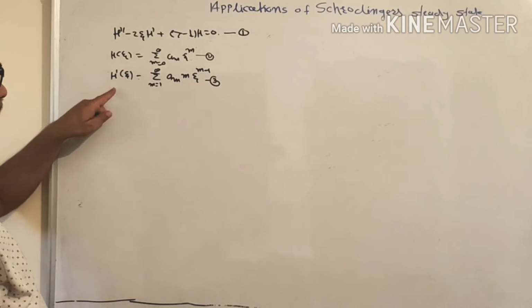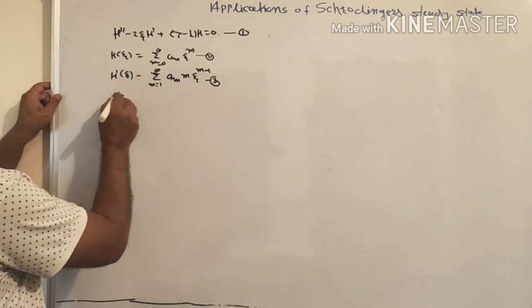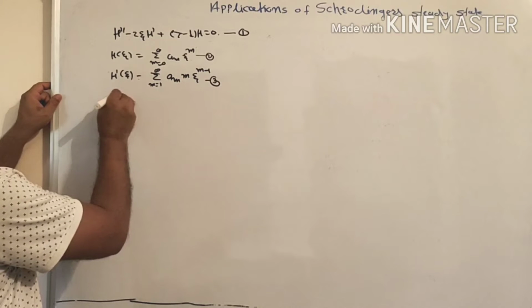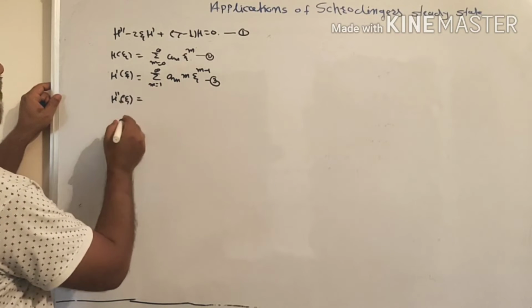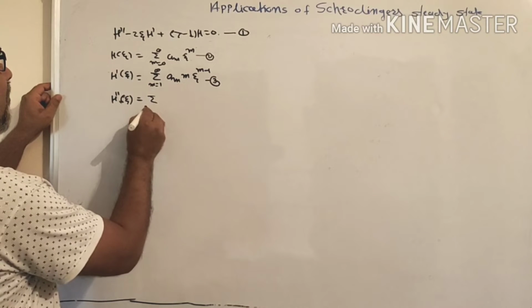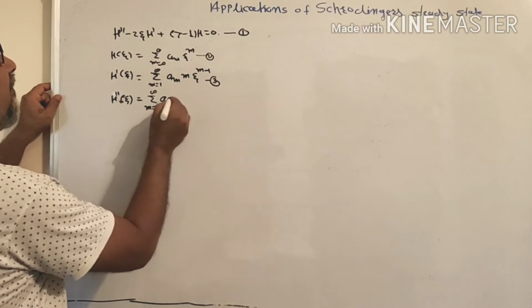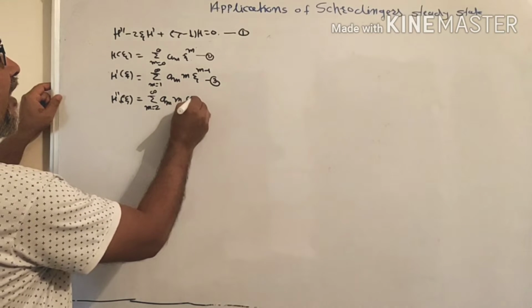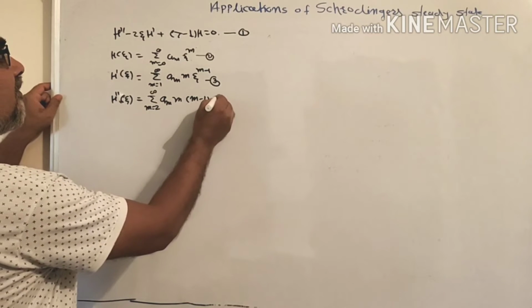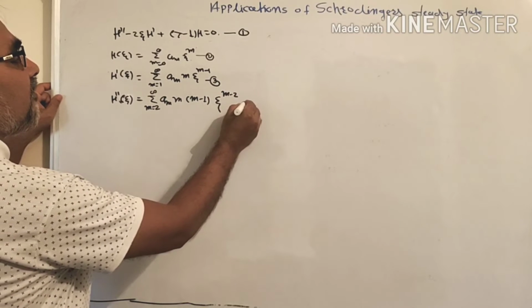Okay, the same expression we again differentiate with respect to zeta, and therefore h double prime is equal to summation m tends to 2 to infinity a_m m (m minus 1) zeta raised to m minus 2. So this is expression 4.